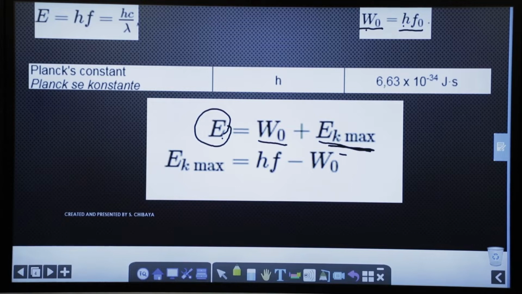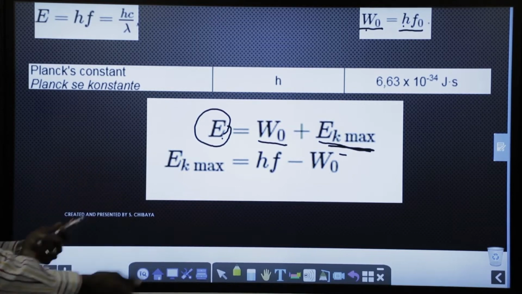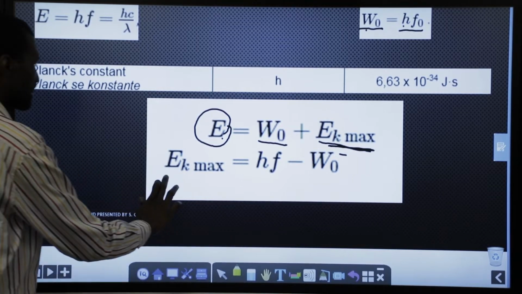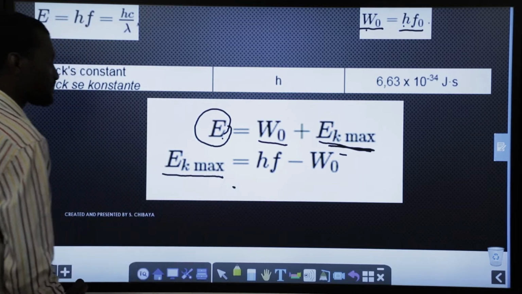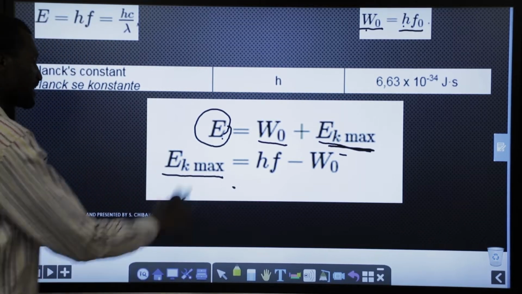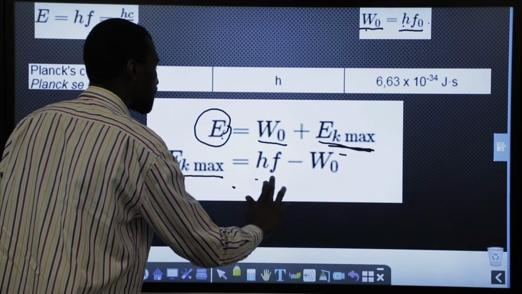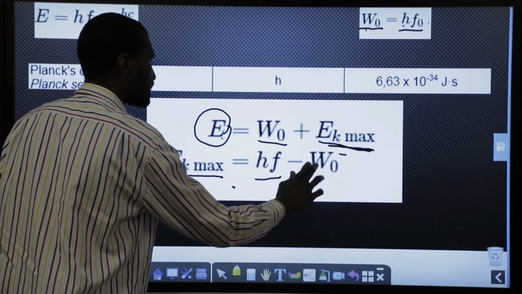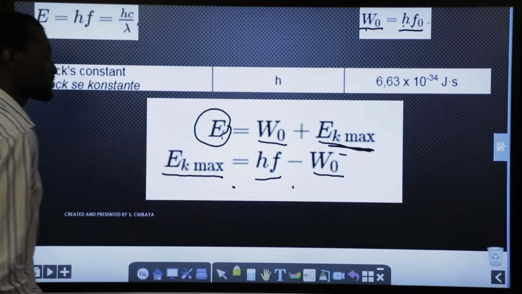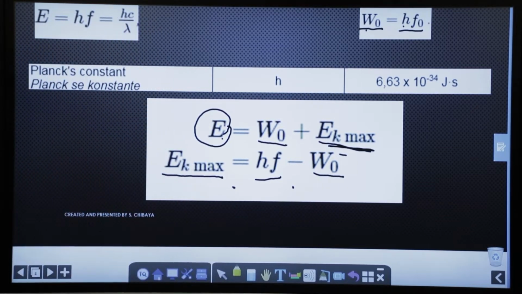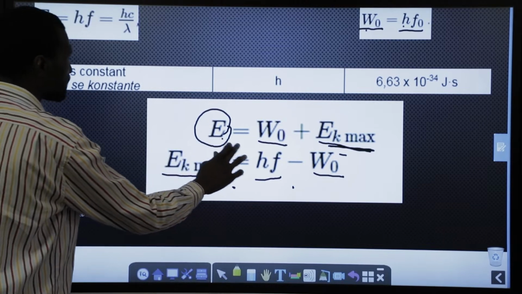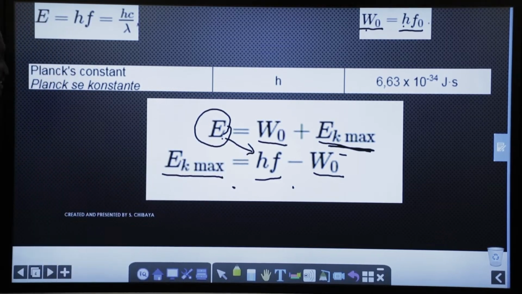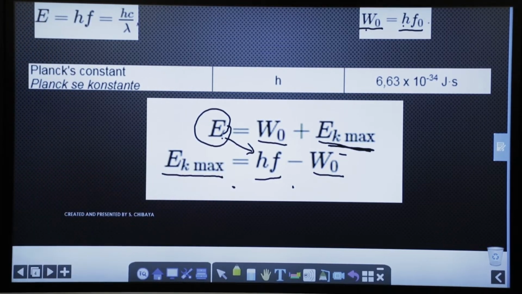I think that makes sense. Playing around with that equation tells us that EK max is going to be equal to hf minus W0, of which hf here is representing the E.